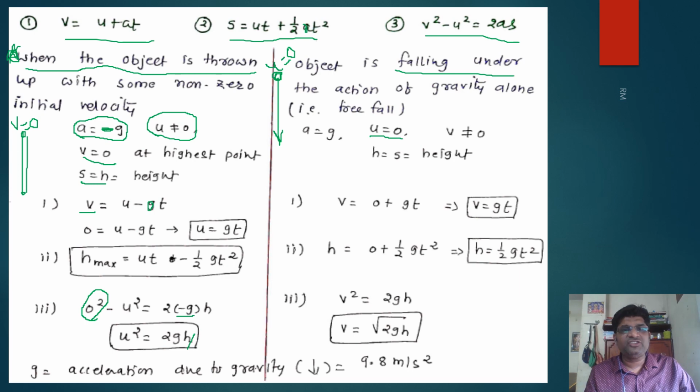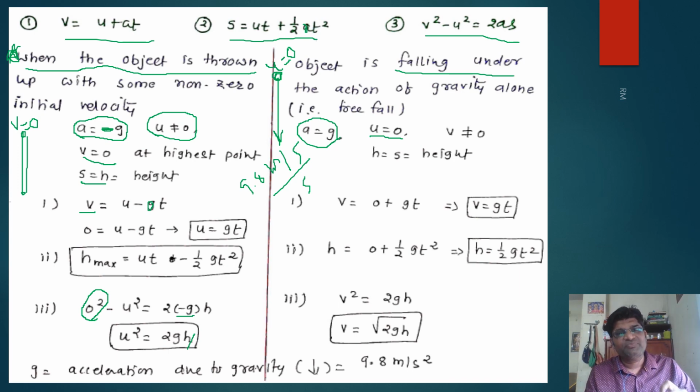And acceleration is equal to plus g here, because while it is falling down, the speed increases by 9.8 meter per second per second, which becomes 9.8 meter per second square, and that is the value of g. That is the acceleration due to gravity.